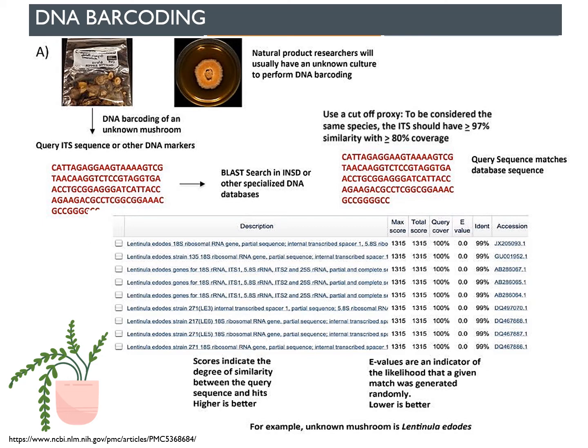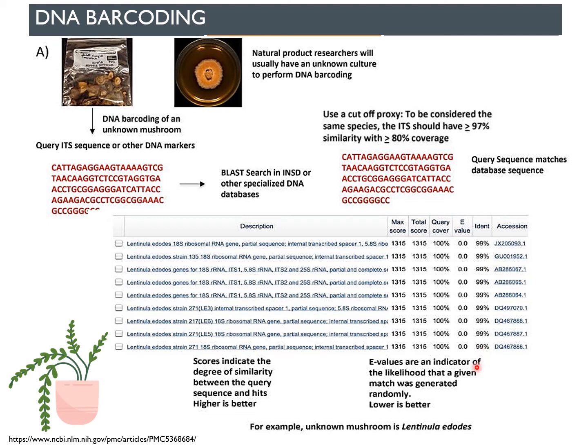And here the query sequence matches the database sequence, and then you will get the result. After you get the result, you will need to consider the scores shown here. For example, the query coverage, which is mostly 100%, and sequence similarity or identity is 99%.